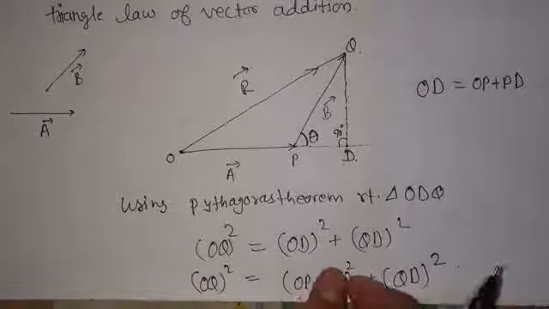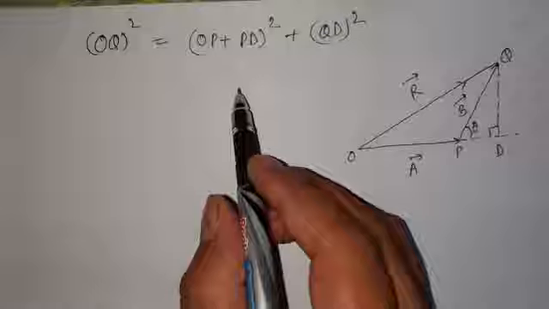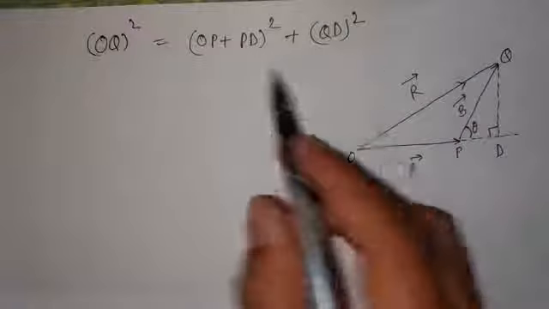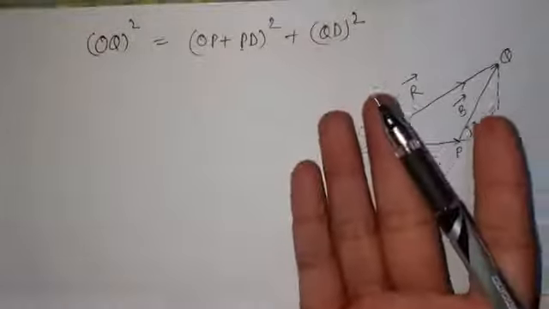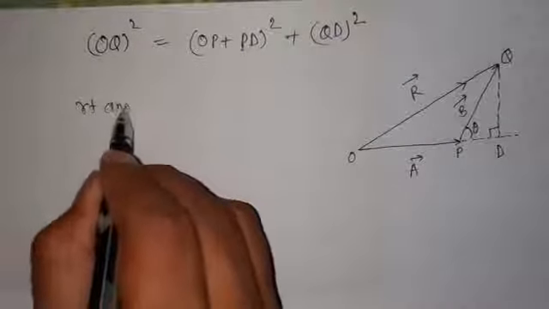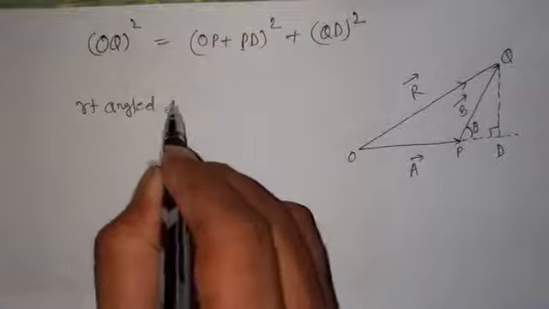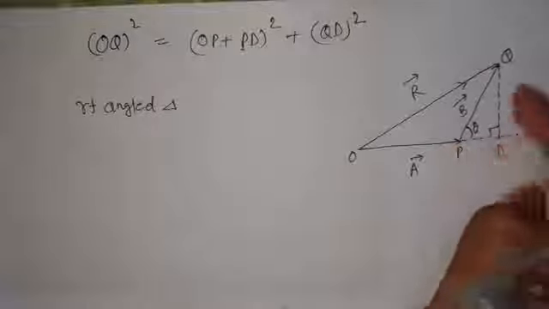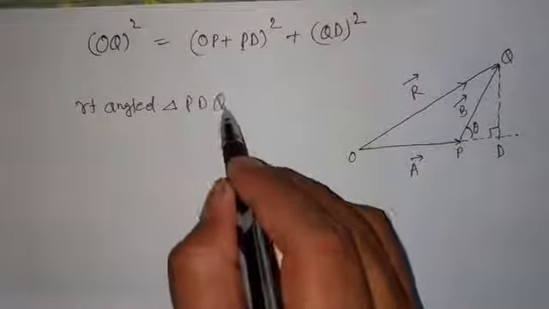Now to expand this, before expanding the square, let us look into the diagram again. From this we will calculate the value of PD. I am going to use the right angled triangle PDQ.